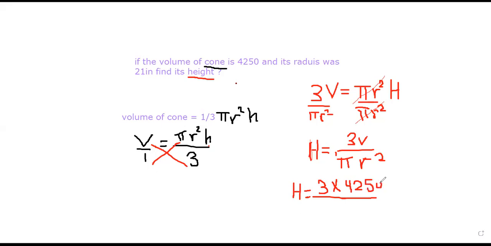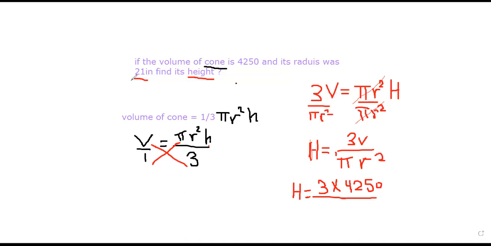And down we would write the value of pi. He didn't mention the value of pi. So if the radius is divisible by 7, we can use 22 over 7. If it's not, we can use 3.14. Or if you mentioned already the value of pi in the question.